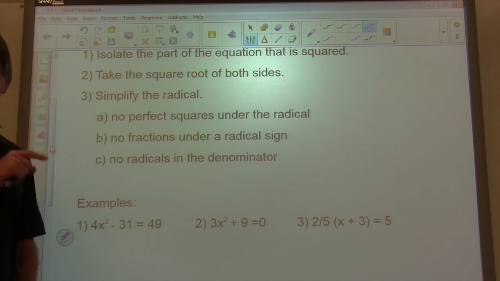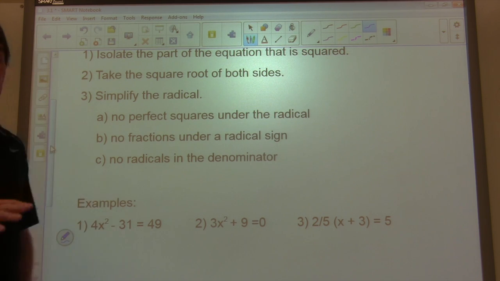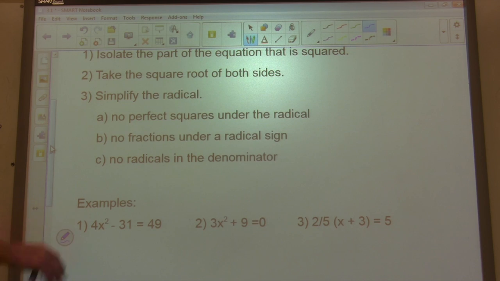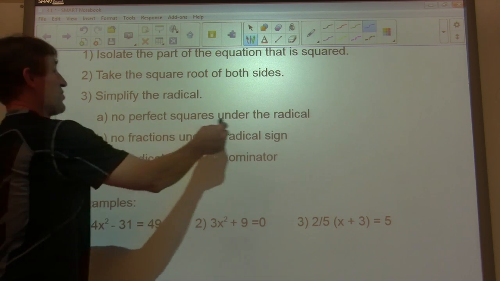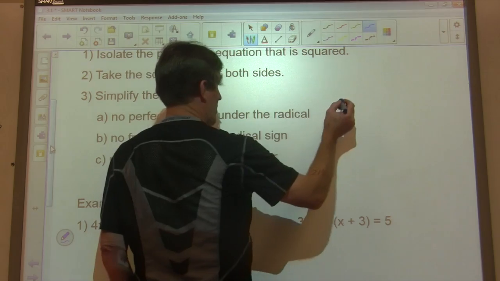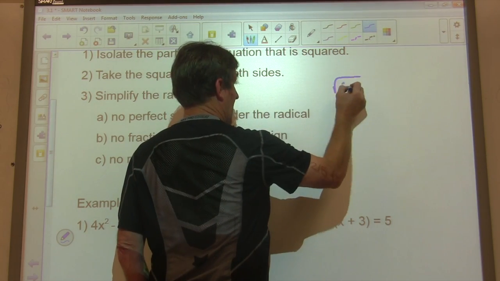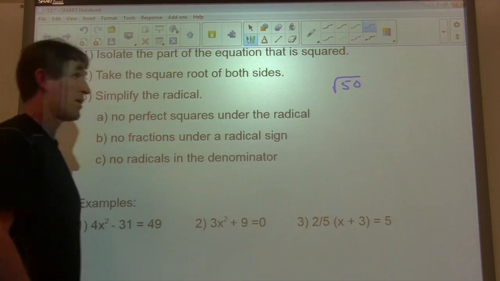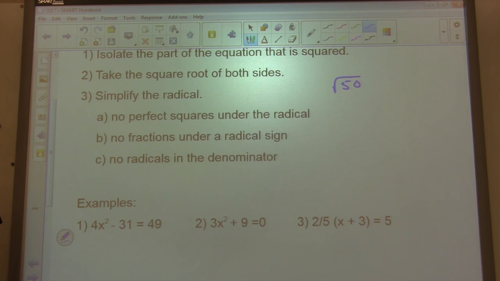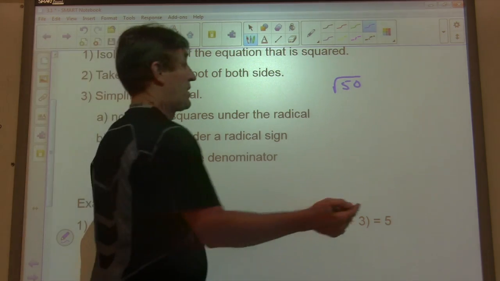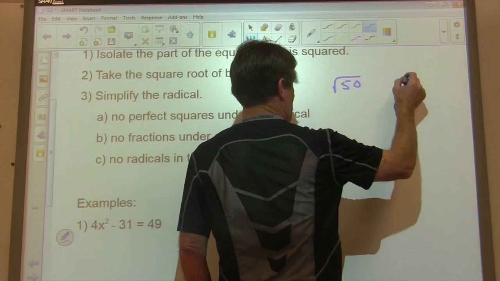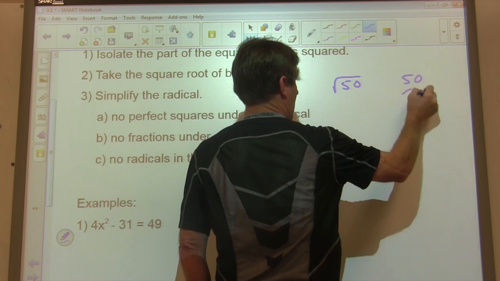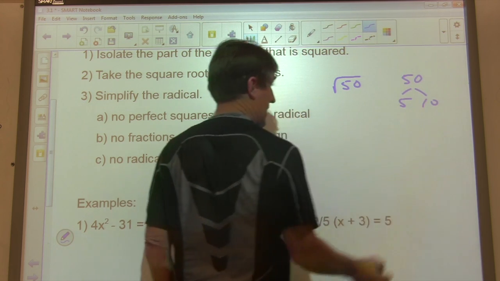So we have 3 basic things that have to happen to make sure a radical is simplified. The first one is that there's no perfect squares under a radical. So that would be, as an example, if I had the square root of 50. So what you want to do is break down that 50 into its prime factors. A lot of you have worked with factor trees before, so 5 times 10.